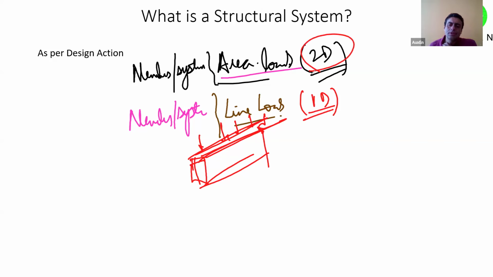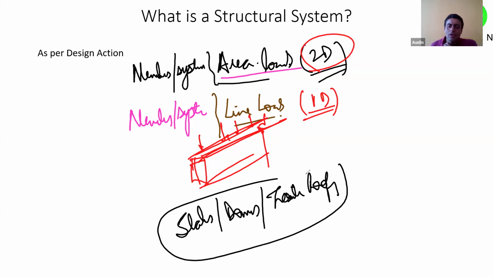And then some elements are 2D elements. So for example, my slabs, or domes, or tensile structures or tensile roofs, all these I can put under members or systems which will take loads from area. You understand? Are you getting this point?